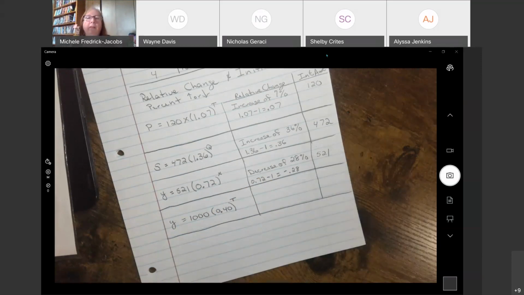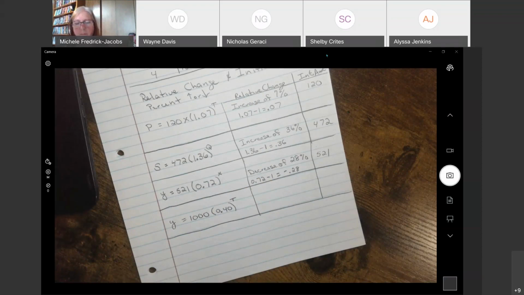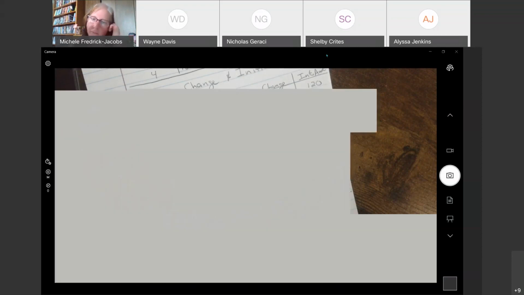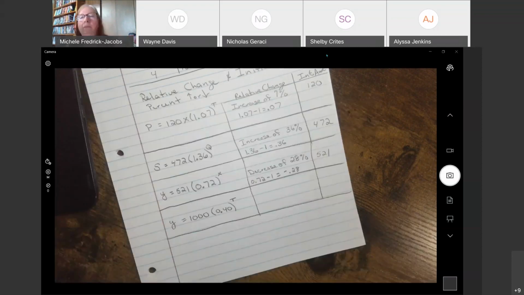Okay, so find the relative change in the initial amount. So is it an increase or a decrease?